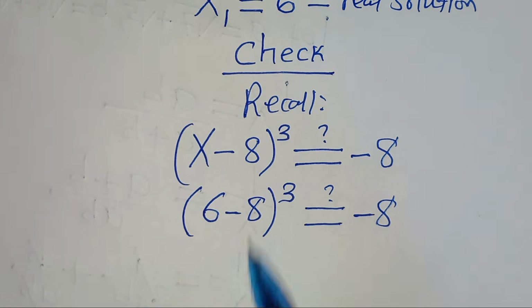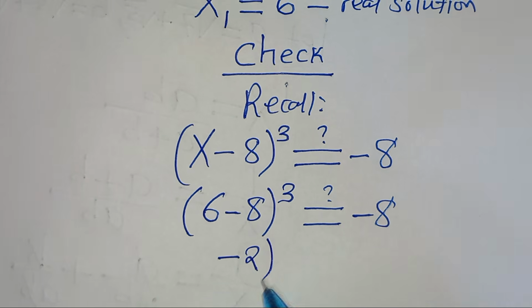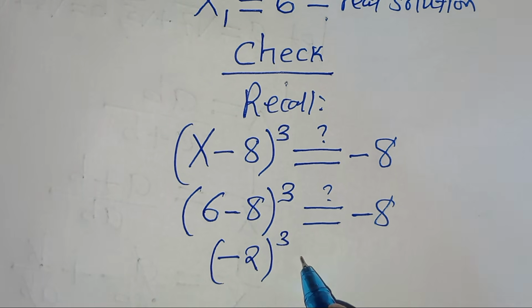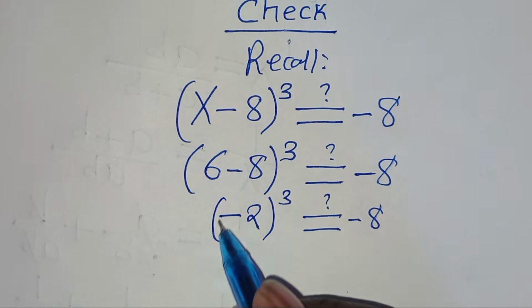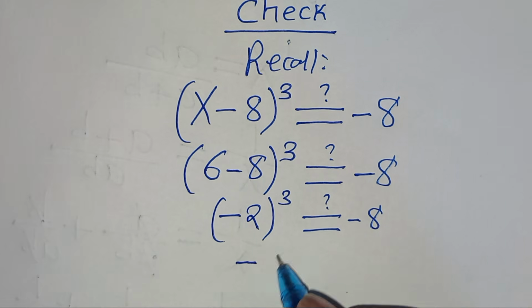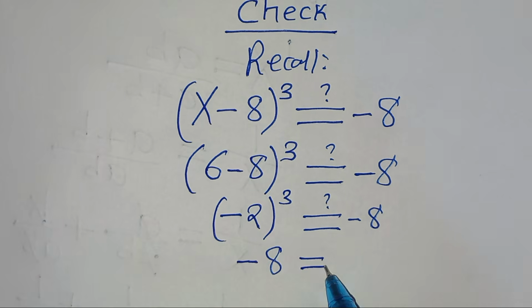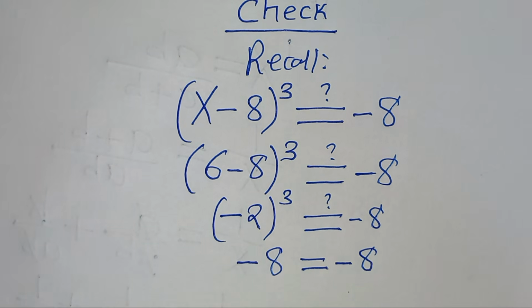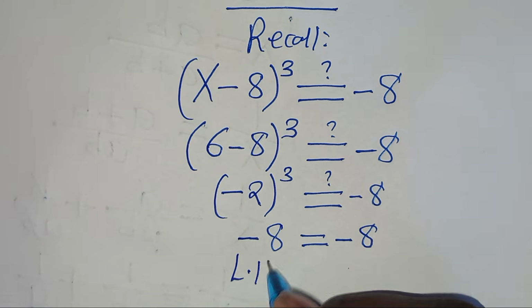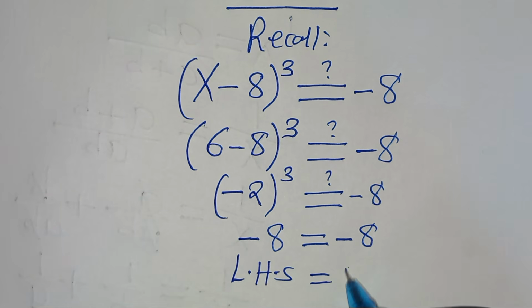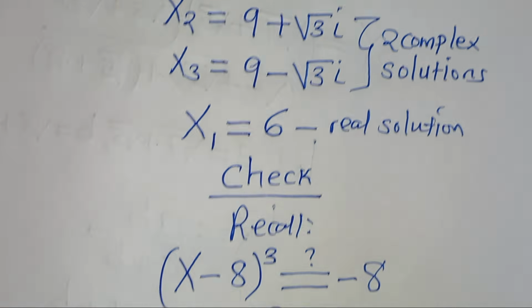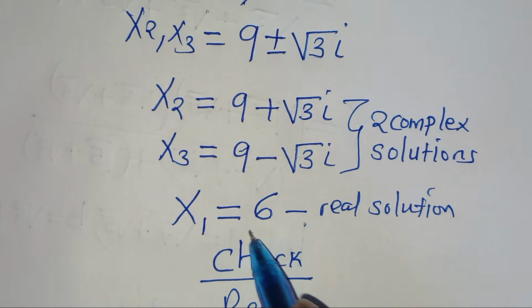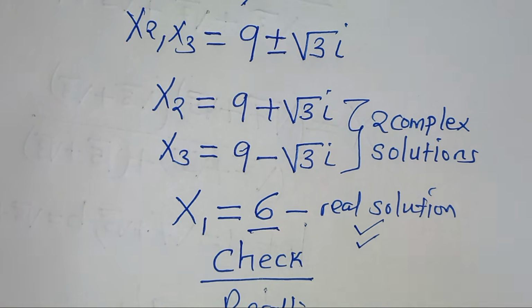So we have 6 minus 8, this is -2, raised to the power of 3. So (-2)^3 is -8, which is equal to -8. This means that the left hand side is equal to the right hand side, and this affirms that the real solution, which is equal to 6, satisfies the equation.